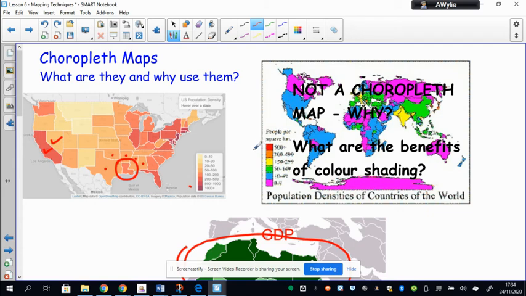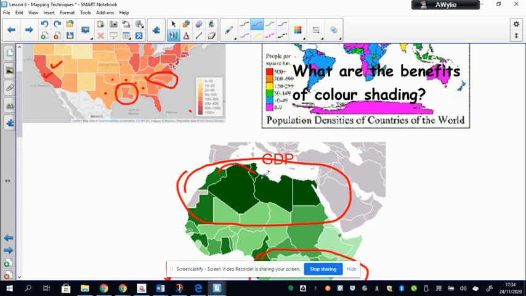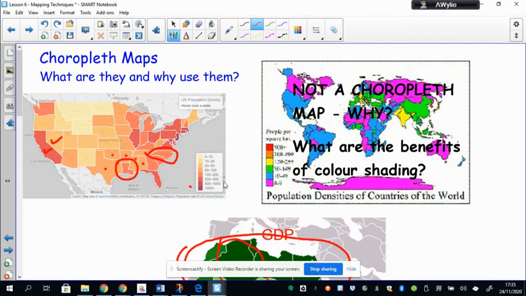Weaknesses, however. The first weakness is the data has to be an average for an area. Okay, so your data has to be gathered at the area level. So in this case, a US state, in this case, a country. And it has to be averaged out. What this means, however, is we can't see variations in the state.